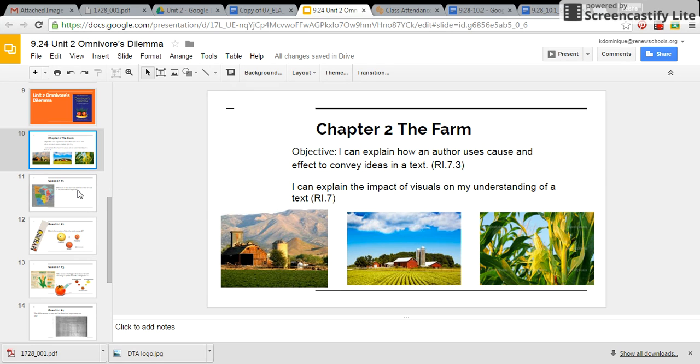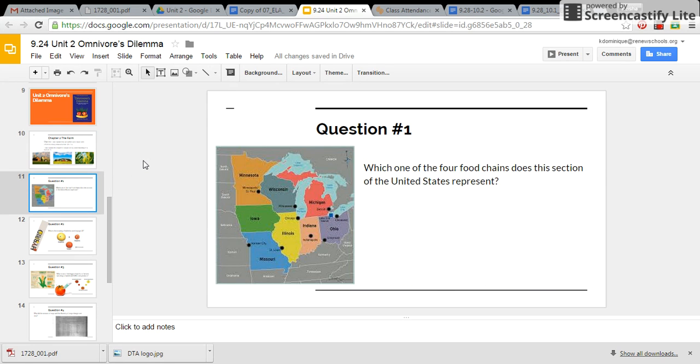So the first question, it says, which one of the 4 food chains does this section of the United States represent? Basically, I'm talking about these states that are highlighted right here. I hope you picked the industrial meal.